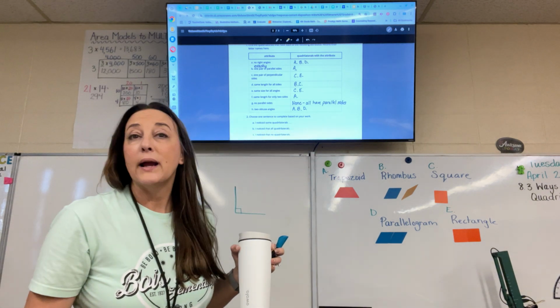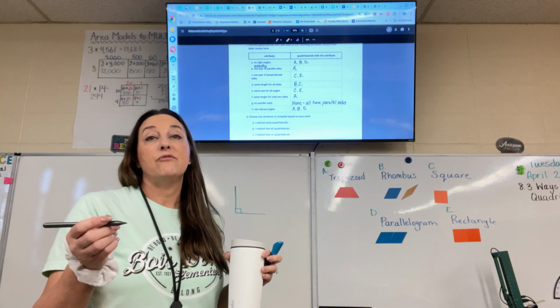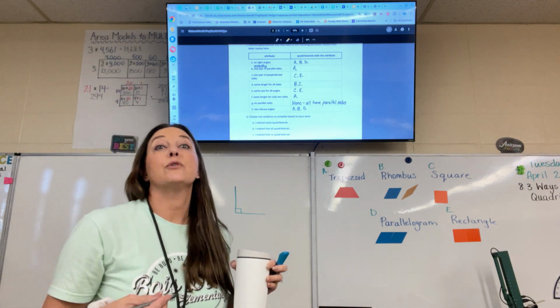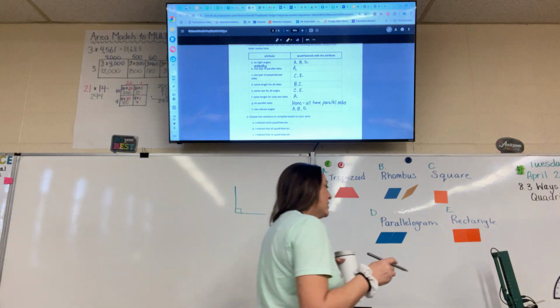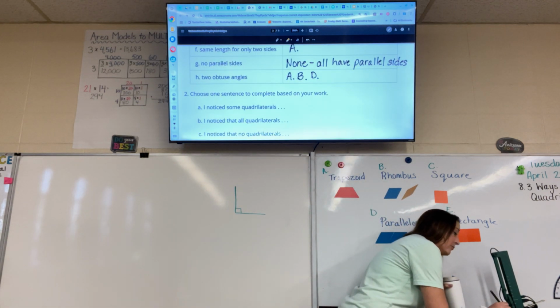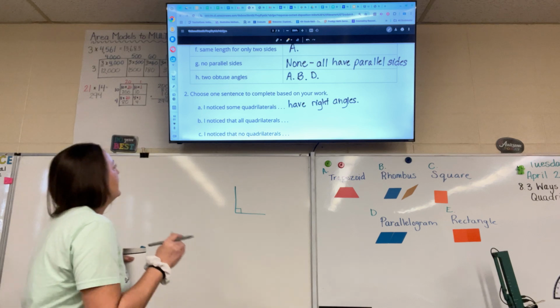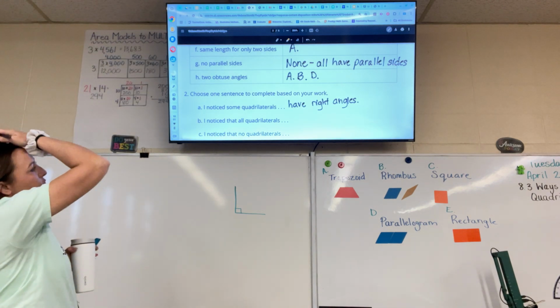Did you say no right angles? So you're right. Some quadrilaterals have no right angles. Some quadrilaterals have right angles, right? So for simplicity's sake, we're going to say, I noticed some quadrilaterals have right angles. I'm going to give you that point, Willow. I'm just trying to simplify the wording a little bit.